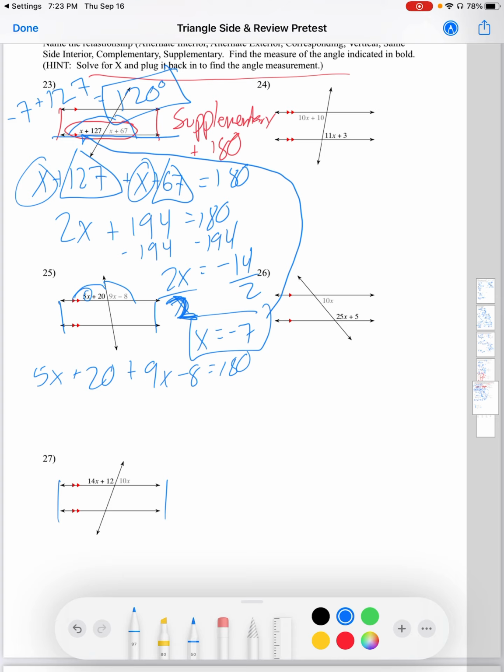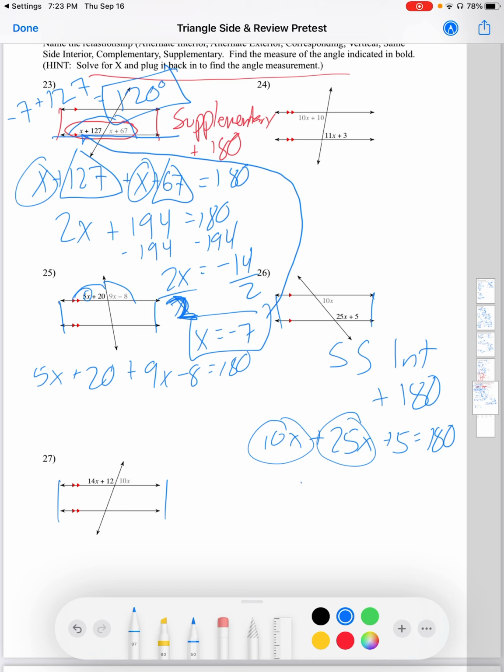Let me do 26. 26, same side interior. We know those add to 180. So 10x plus 25x plus 5 equals 180. Combine your like terms. 35x plus 5 equals 180. Subtract 5.